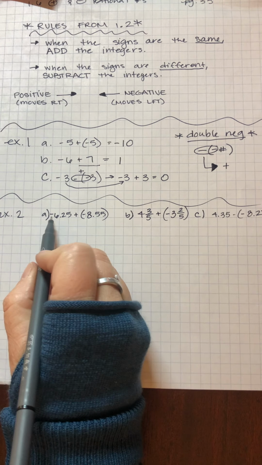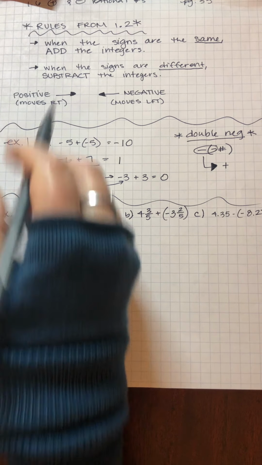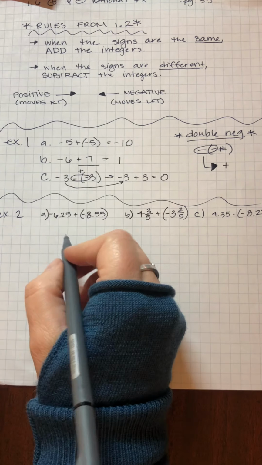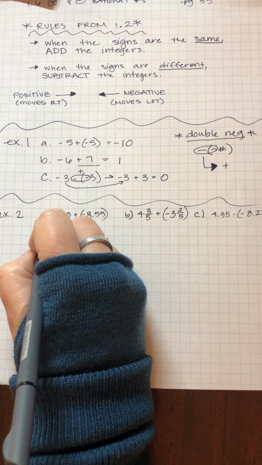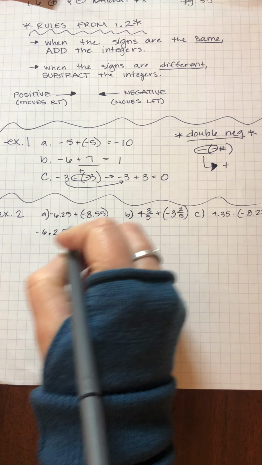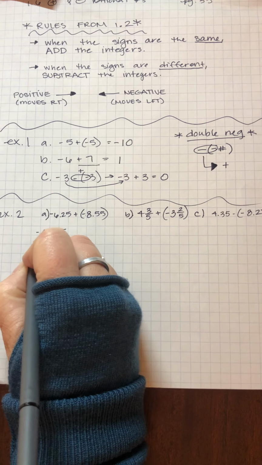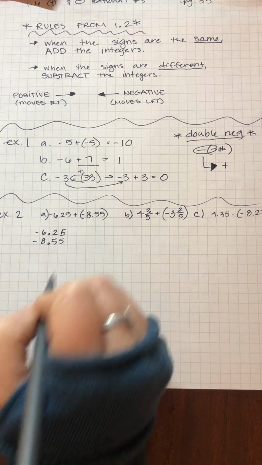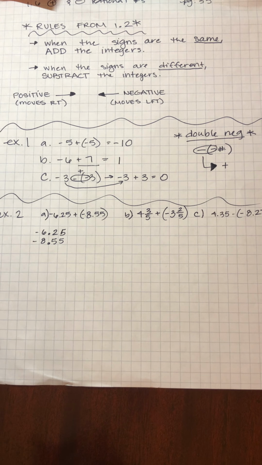So I notice right away that they're both negative. And when the signs are the same, I can add them. That's what the rule says. So I'm just going to set these up. And I remember that when I have decimals, I have to line them up. I have to line up those decimals.